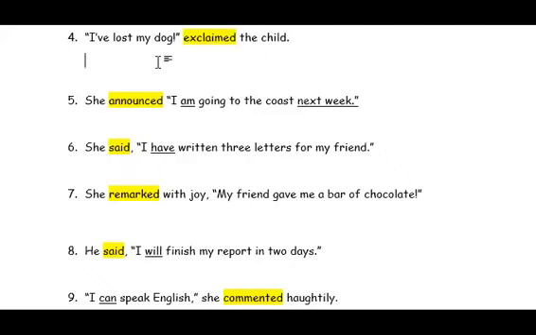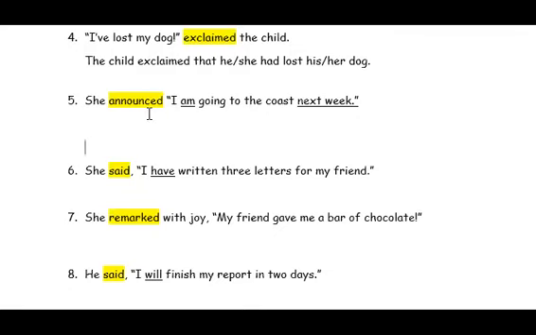What is the introductory verb in this sentence? It is the word exclaimed, and exclaimed is in the past tense. So we start with the child exclaimed that he or she had lost his or her dog, right? We don't know the gender of the child.